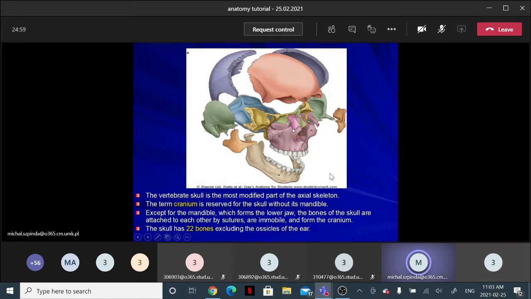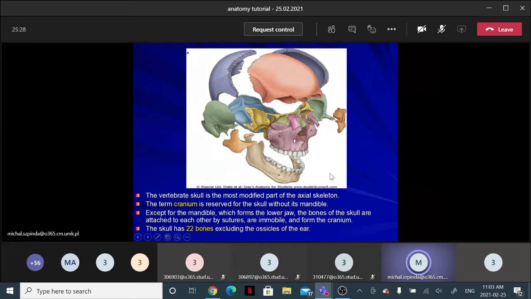Contrariwise, the maxilla is a paired bone. So we have 2 maxillae or maxillary bones and 1 mandible. The biggest bone in the splanchnocranium or viscerocranium is the mandible, and the second one is the maxillary bone.